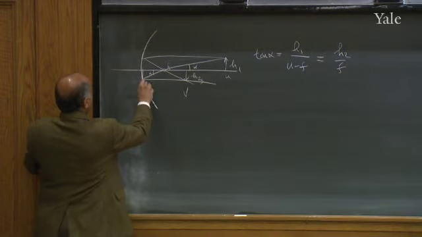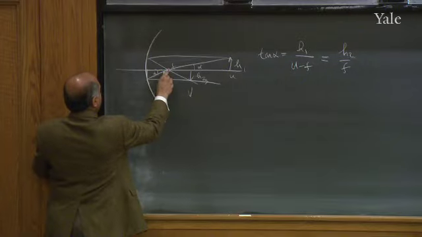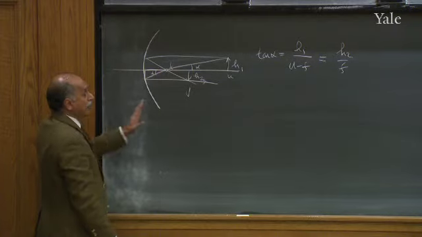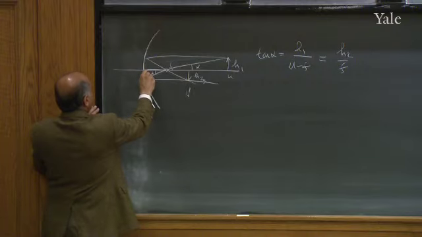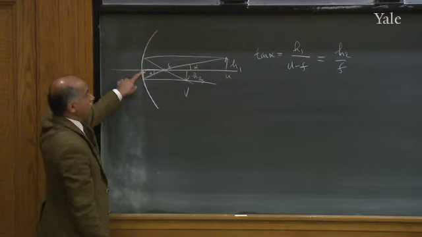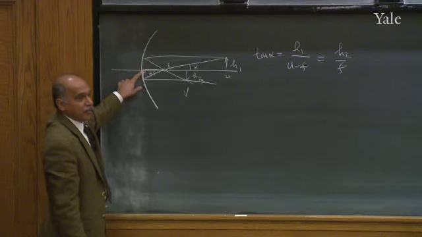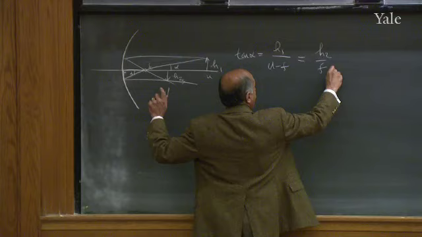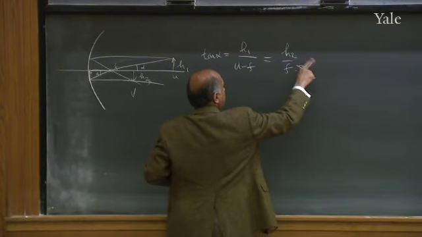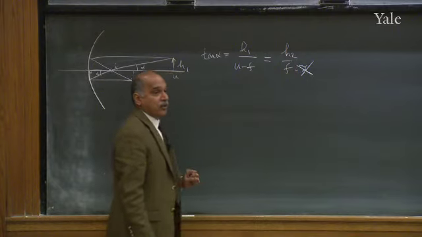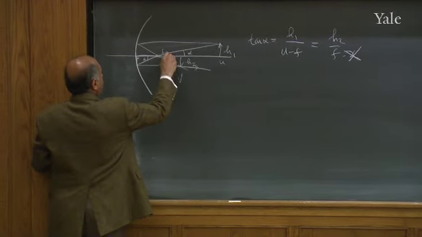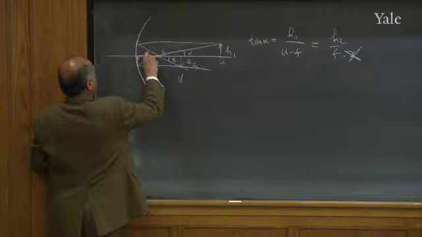You see this triangle here? That height is certainly h2. That length is not quite f. F goes all the way to the mirror, but if I drop a perpendicular here, there's a tiny little x inside. I'm not showing you that x. I'm neglecting it. In other words, if you really should put an f minus x, but x is quadratic in the small numbers, so we're not going to keep it. Then draw another similar triangle. This angle beta is the same as this angle beta.